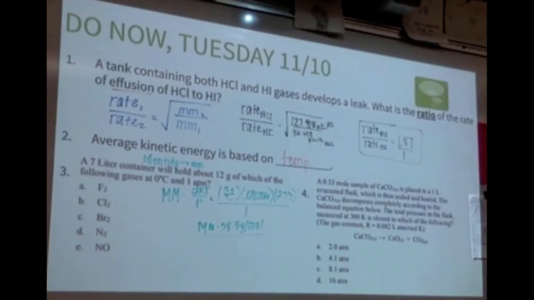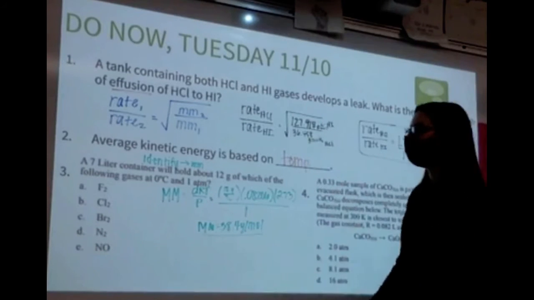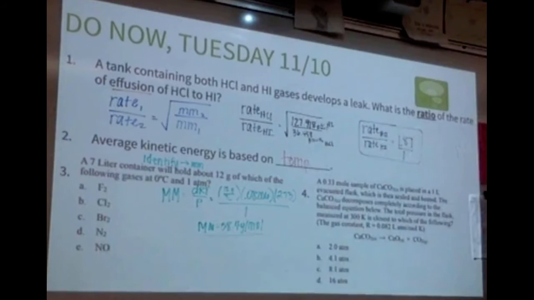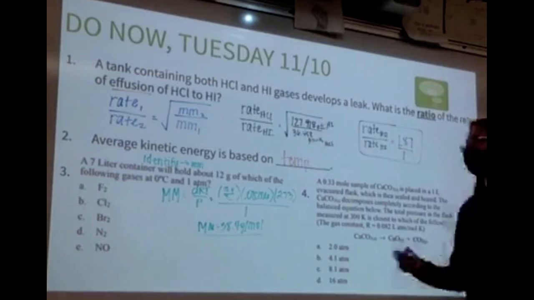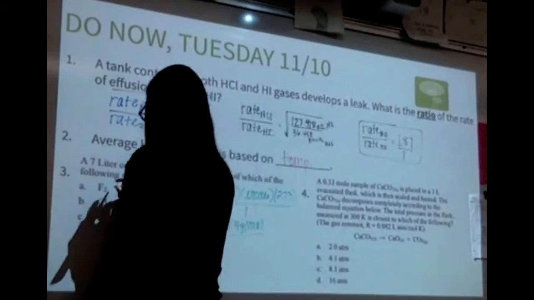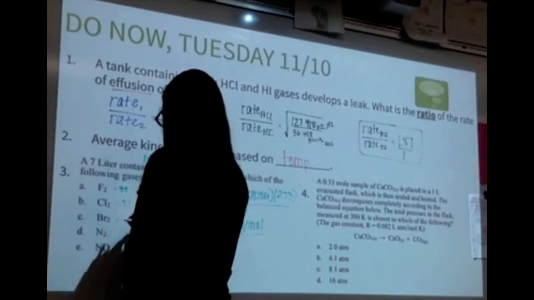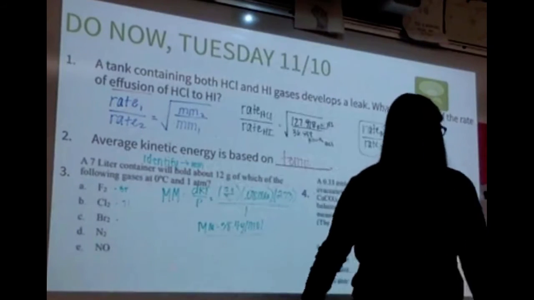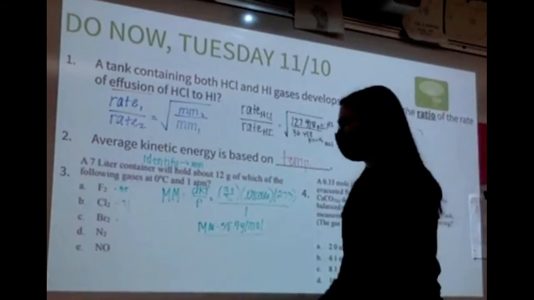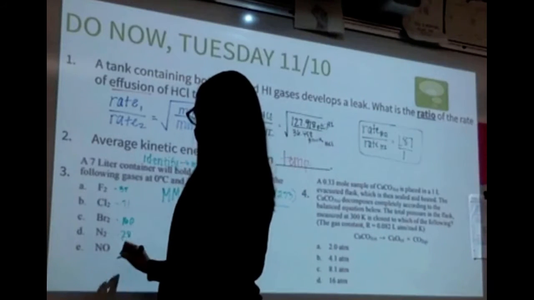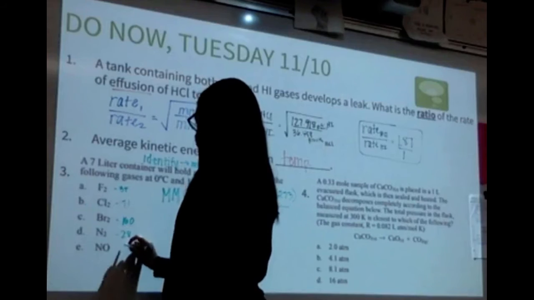Once you know the molar mass, just do some quick calculations of these molar masses over here. Chlorine is 19, so we have 38, 71, roughly 160, 28, 16.